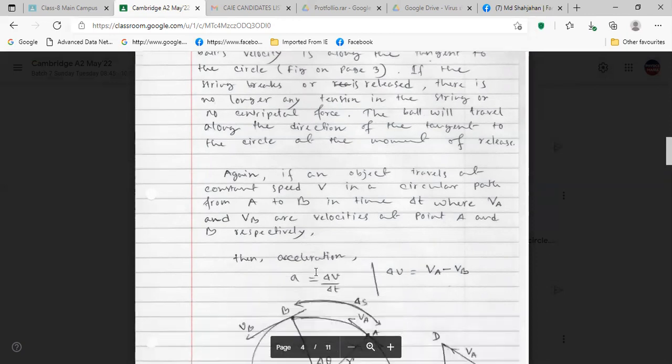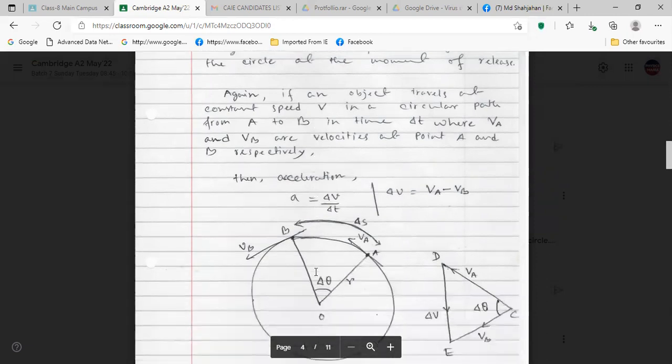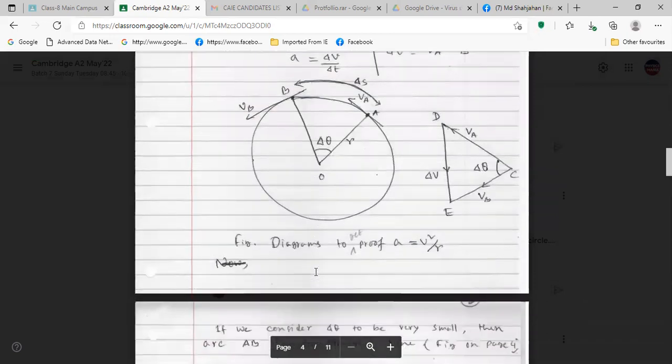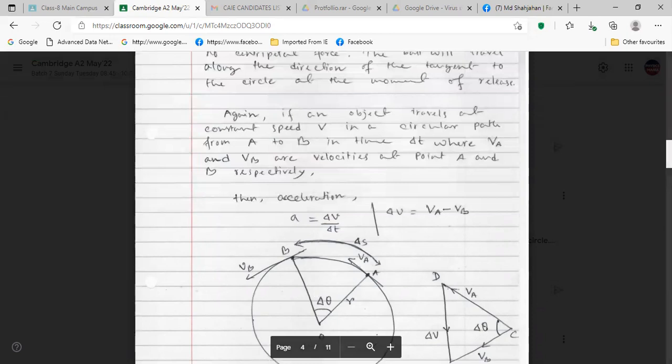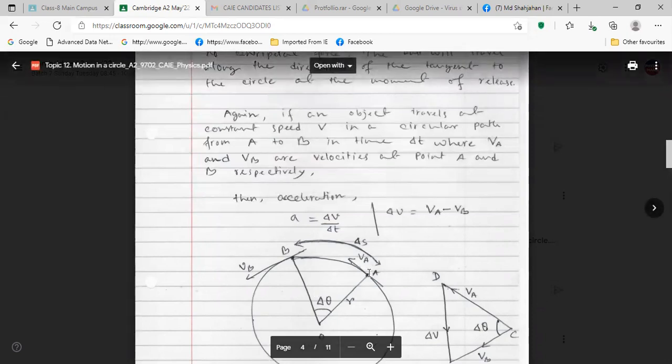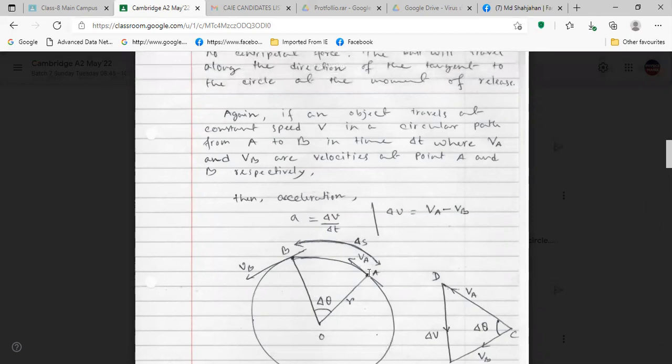You see here we have a circular path from A to B. It's actually indicating this diagram. One position is A of the object when you are moving the object around a circle or in circular motion. The first position is A, the second position is B, for example.